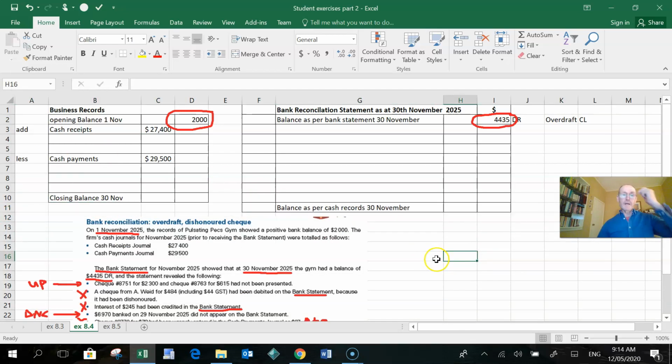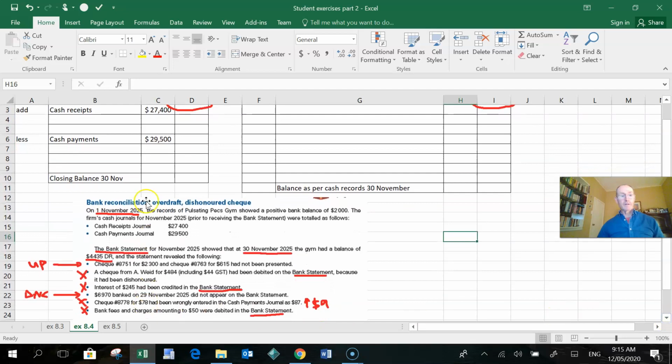Alright, so what we want now is to change these. So of those ones we put an X beside, which ones would change your cash receipts? A check that's been dishonoured. Right, yes, it will. That is the one where we've banked something, but the customer doesn't have any money in their bank account. Right, so they're going to take it out.